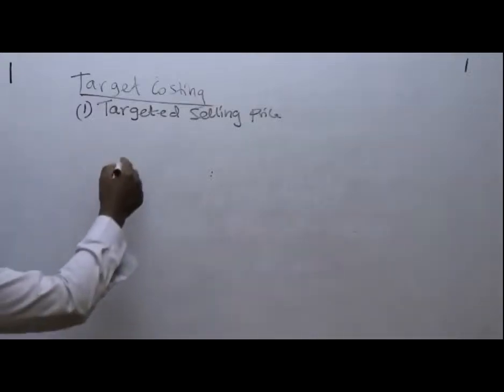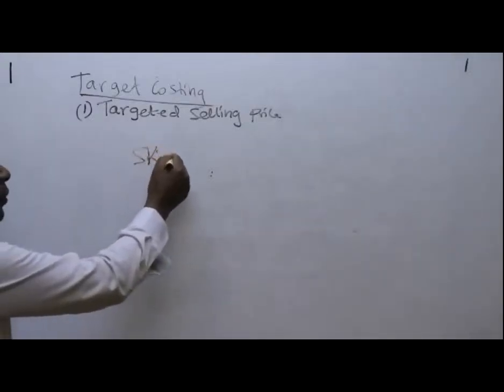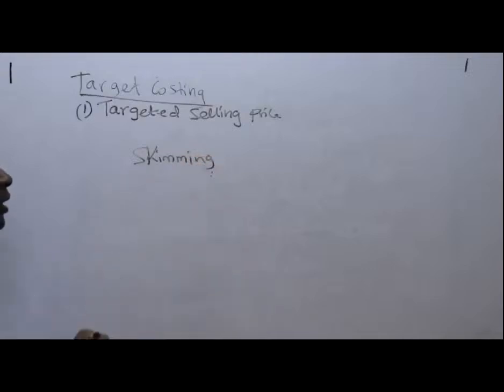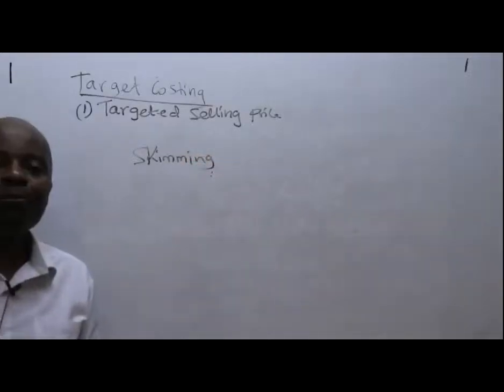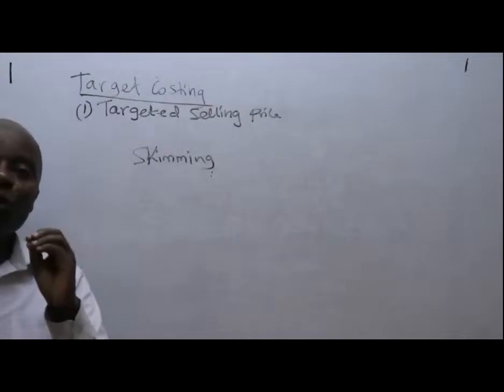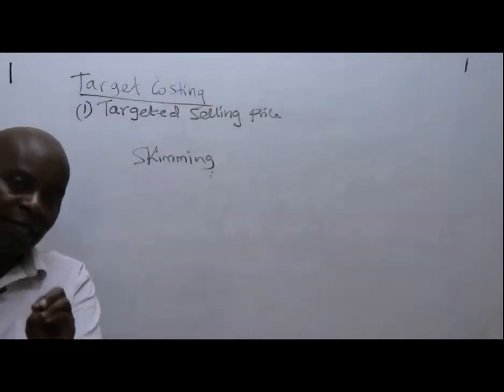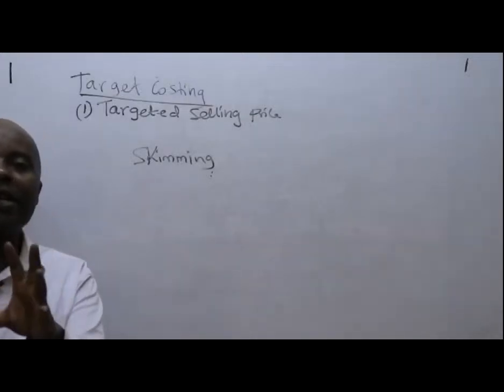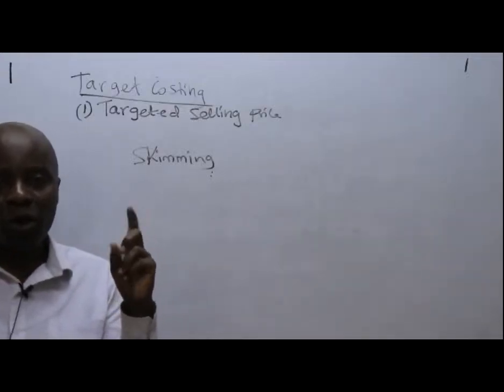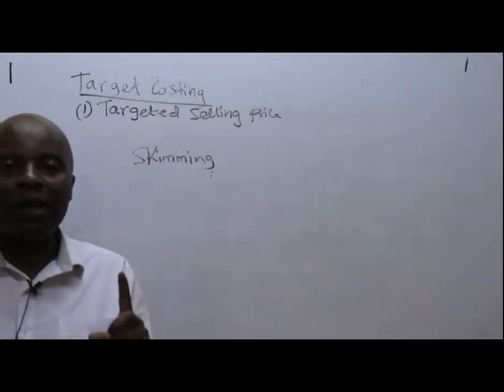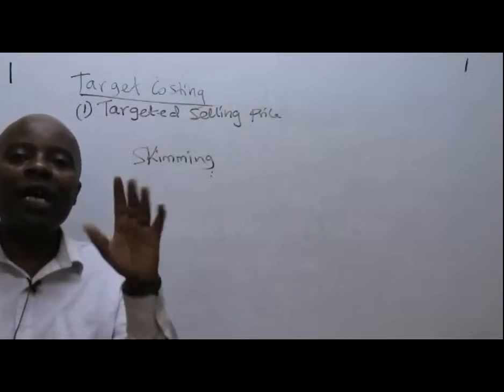The market skimming price is applicable to goods that have been innovated, which are very unique, like when they introduced the vehicles we call the Hummer. They used to sell them at a very high price.